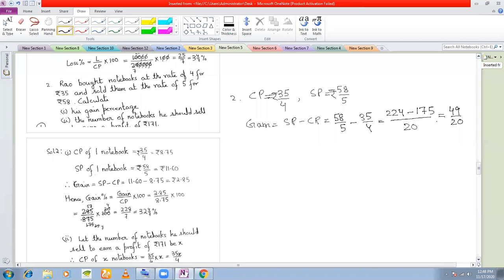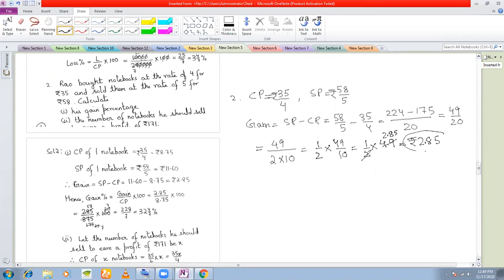And how do you calculate 49 by 20? It is better to remember this way. This is a very useful way of calculating. 49 by 20 can be written as 49 by 2 into 10, which can now be written as half into 49 by 10, which can now be written as half into 4.9, which gives 2.85.